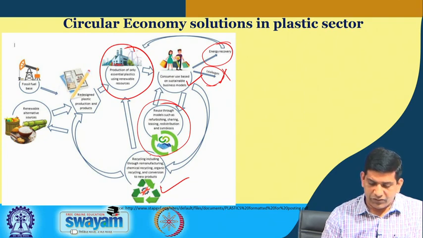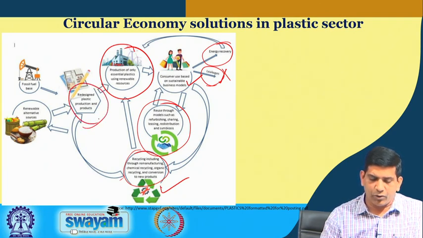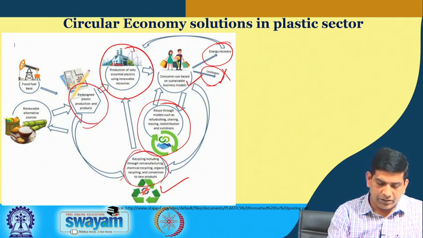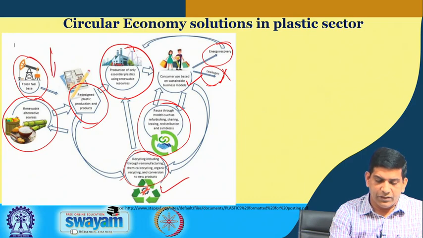Then, based on recycling and other things that we do, if needed, we redesign plastic production and products. Then we try to use renewable alternative sources. Of course, we are starting with the fossil fuel base, which we try to reduce, and this renewable alternative we try to increase.